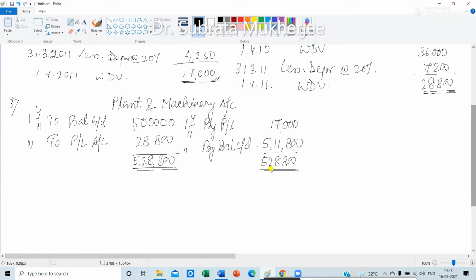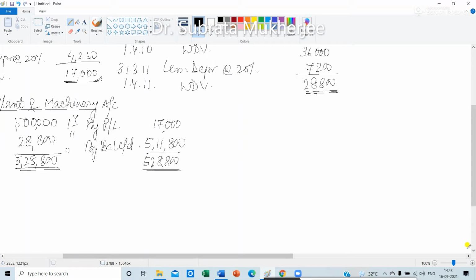So the transactions carried out on plant and machinery during the year 2011-12 we will record below. Now let us show the fourth working. So what happened here? Machinery 1 is going to be replaced. On 30th September 2010, a plant was purchased for rupees 40,000.